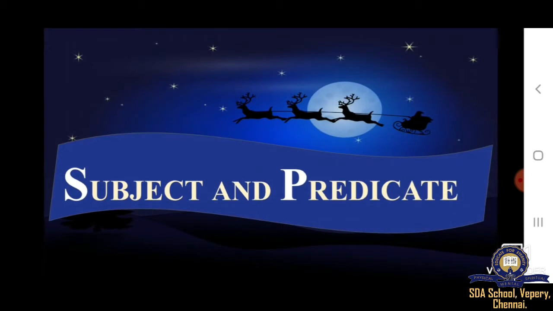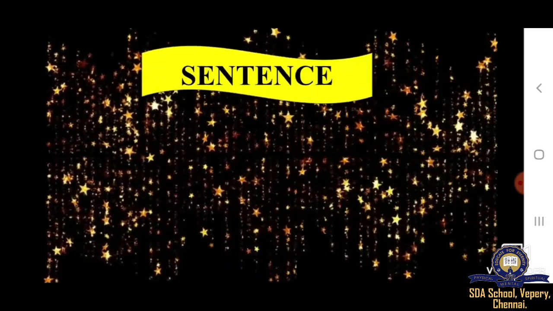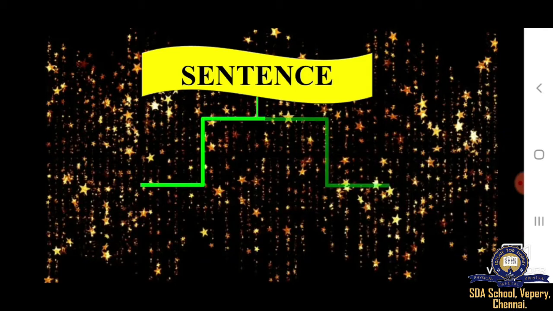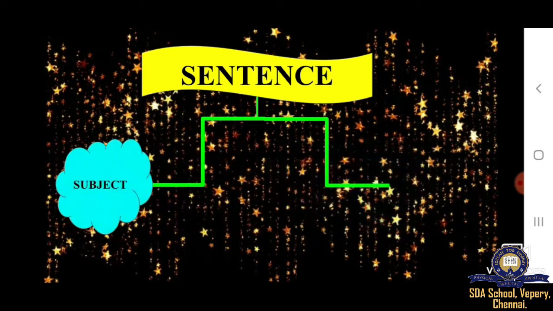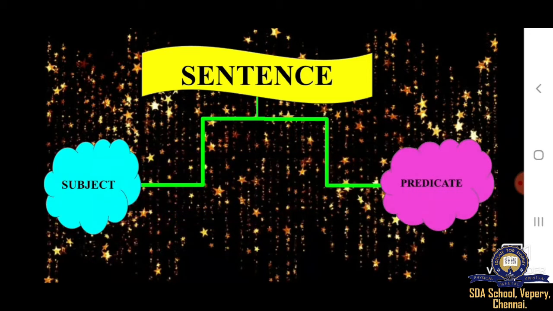Okay, children. So today's topic is subject and predicate. In a sentence, there are two parts: subject and predicate.